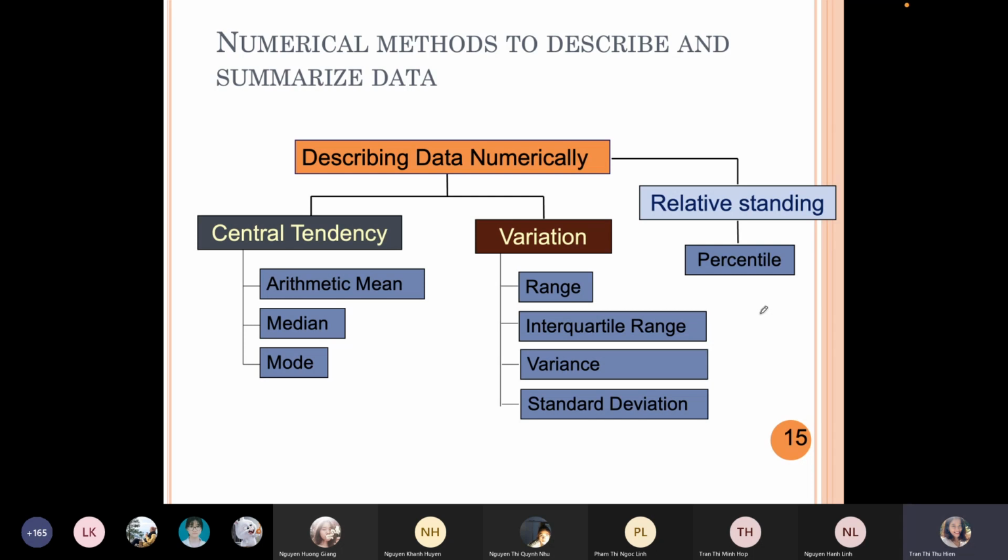We start by developing numerical summary measures for data sets consisting of a single variable. We focus on 3 parts: central tendency, variation, and relative standing.